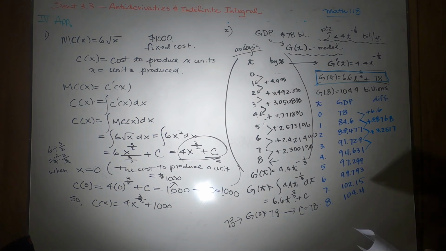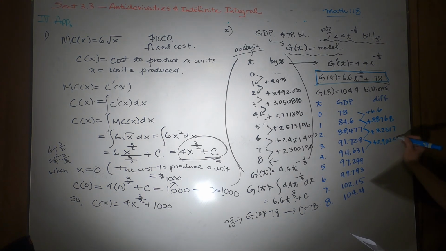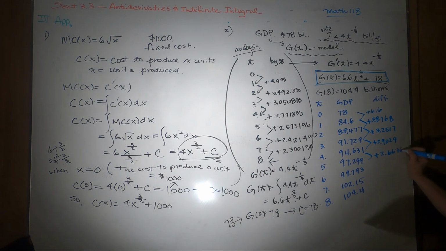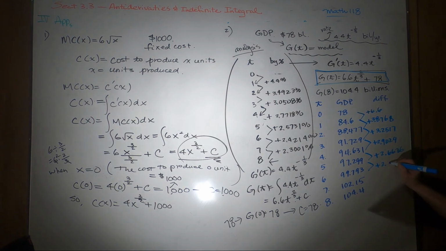From here to here the growth is 2.024. Then here it would be 2.6676. I just subtract them, right? Then what's the difference? If you look at your answer key, you can see all the numbers written down for you.